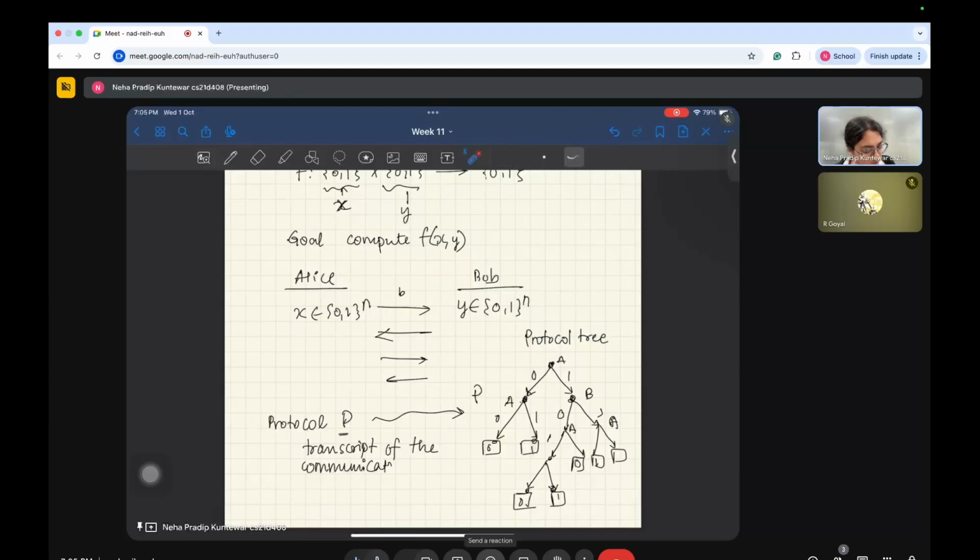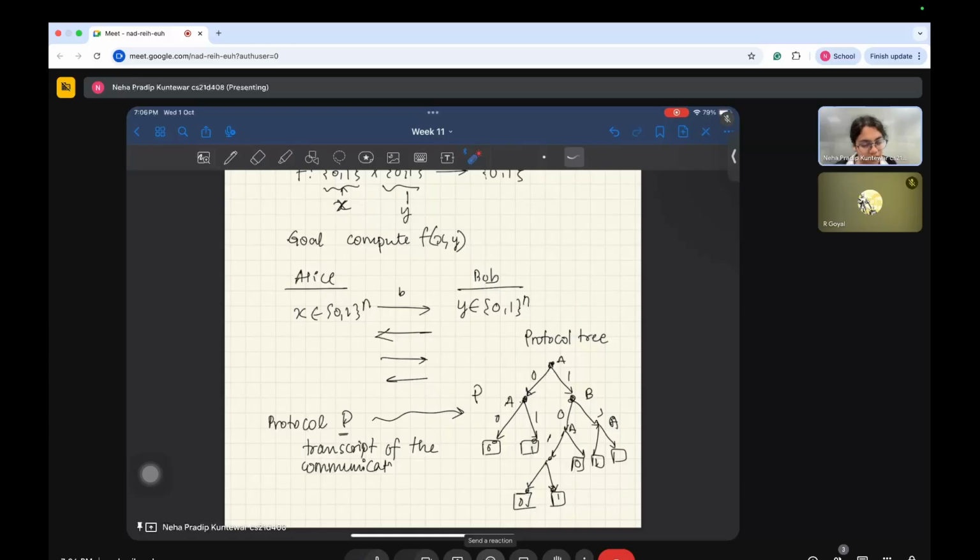This is basically the value of f of x, y. So given a fixed x and a fixed y, they'll keep on communicating until they land up in one leaf, and we'll read the value at that leaf. If it says 0, then the computation of f is 0. If it says 1, then it's 1.